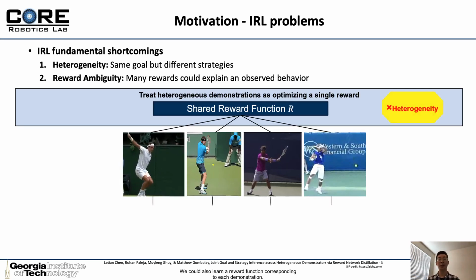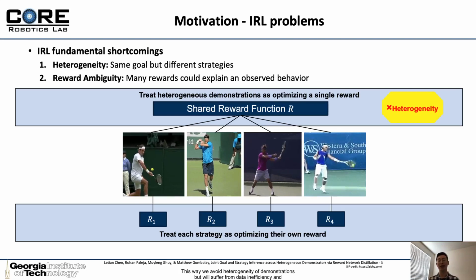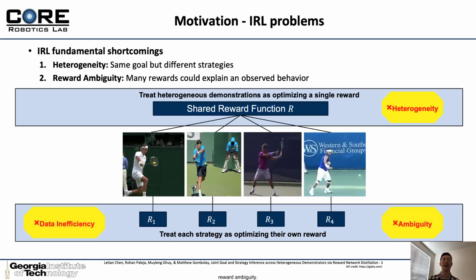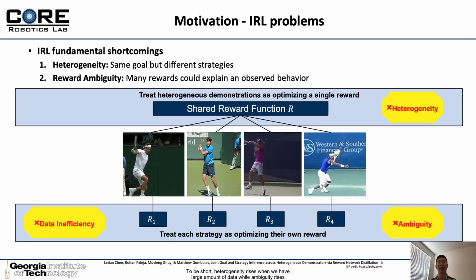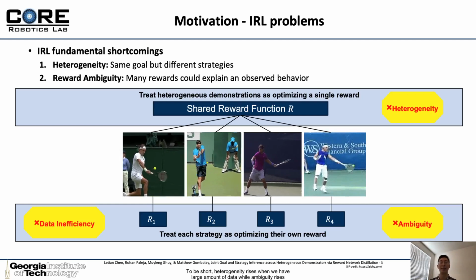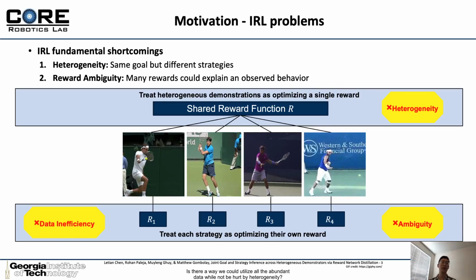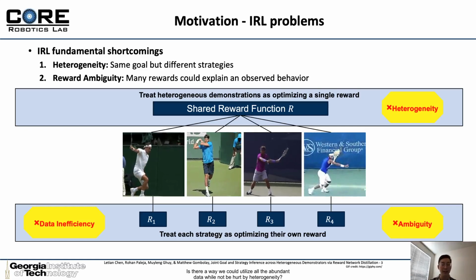We could also learn a reward function corresponding to each demonstration. This way, we avoid the heterogeneity of the demonstrations, but will suffer from data inefficiency and reward ambiguity. To be short, heterogeneity arises when we have a large amount of data, while ambiguity arises when we have too little data. Is there a way we could utilize all the abundant data while not being hurt by heterogeneity?